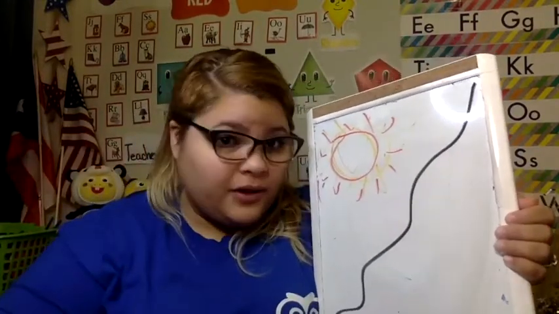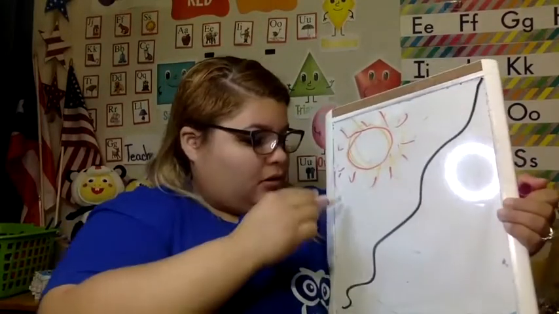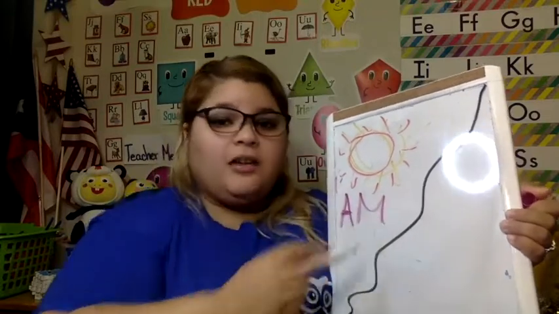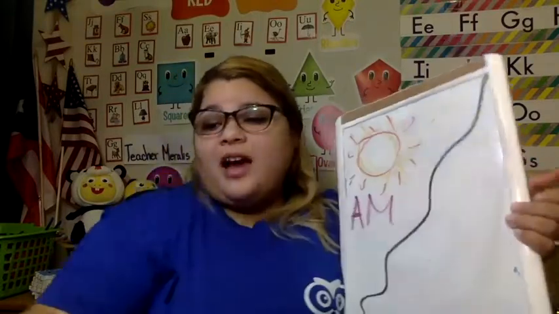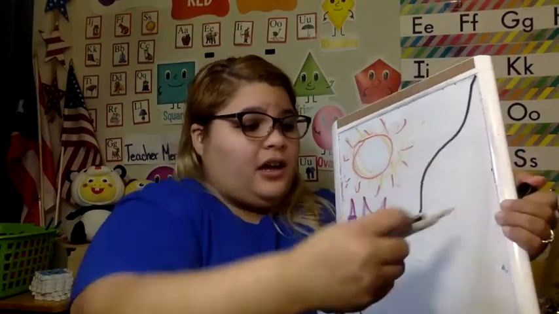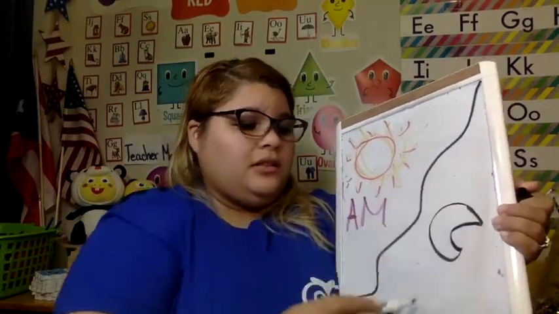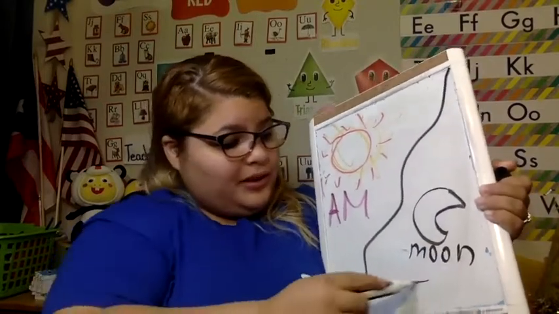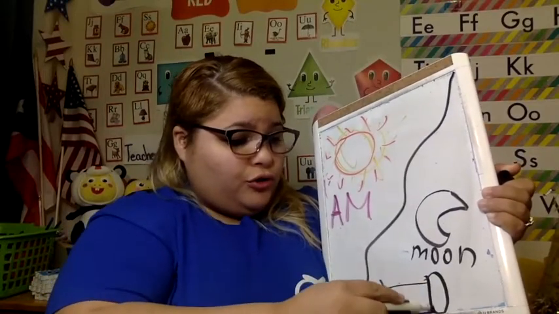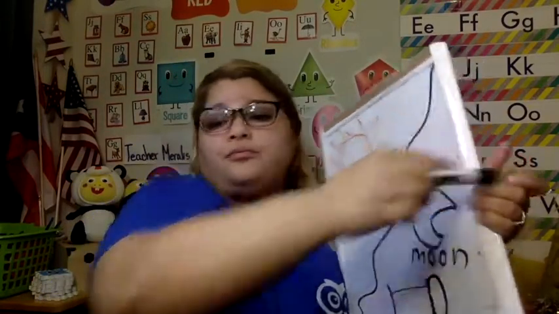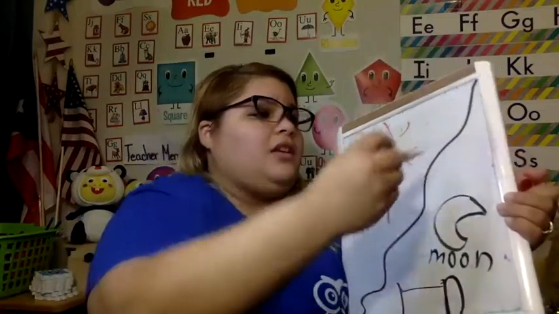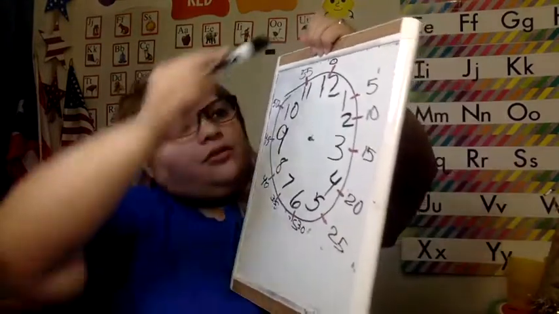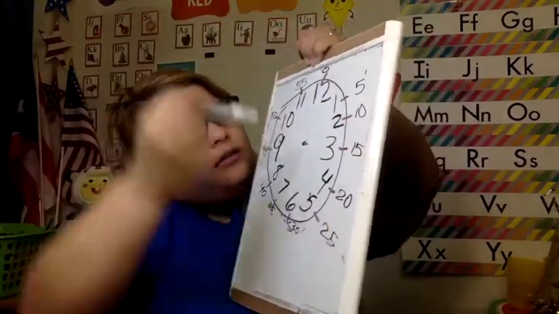We have breakfast during the day. Day hours or morning hours are AM. Afternoon hours or night hours, let's imagine this is the moon. When you go to sleep, those are PM hours.